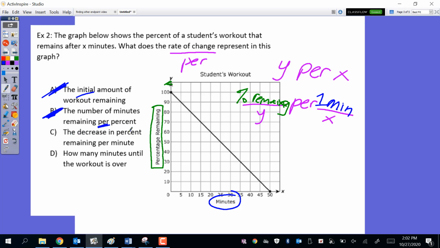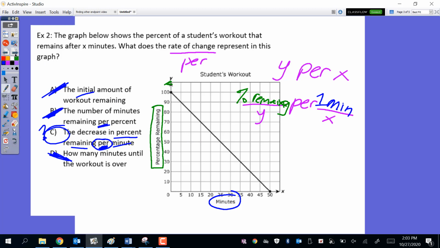The decrease in percent remaining per, okay, this said per, that's an option. So percent remaining was supposed to be first, minute second. That could be it. Letter D, how many minutes until the workout is over? That did not talk about per 1 minute, so definitely not that. So our answer was C. Okay, that's what you're looking for in your answer, either the word per or each.